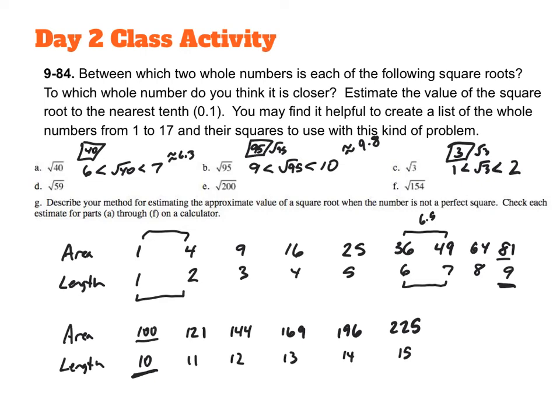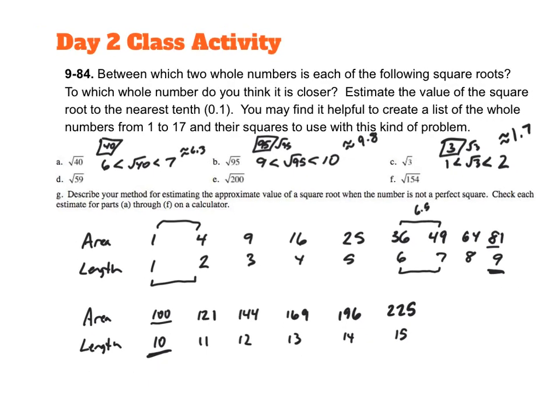And if I look at 3 compared to 4, that's 1 away. And 3 compared to 1, that's 2 away. So I know that it's going to be closer to 2 than it is to 1. And I happen to know what the square root of 3 approximately is. So I'm just going to say 1.7. You can check that out if you don't believe me, but that's pretty close.